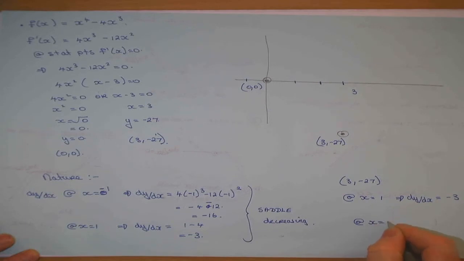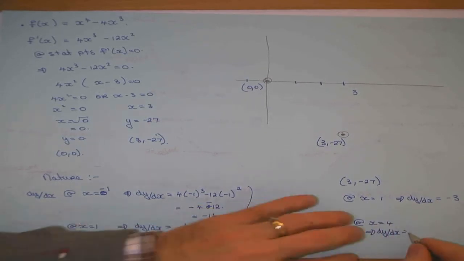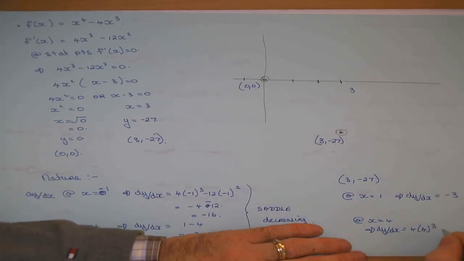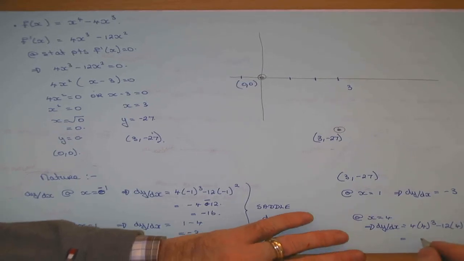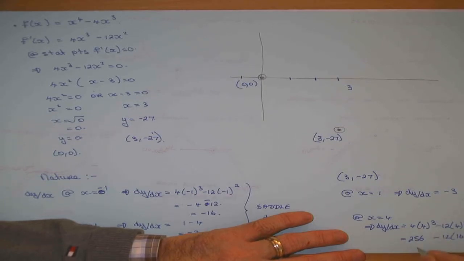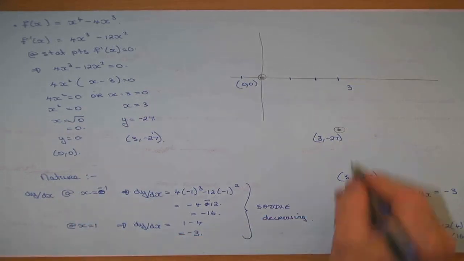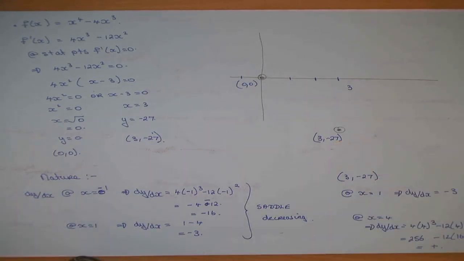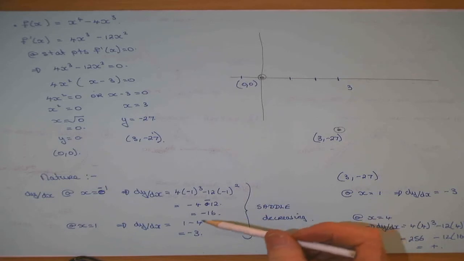At x equal to 4, that means that dy/dx is equal to 4 times 4 cubed, minus 12 times 4 squared. 4 times 64 is 256, minus 12 times 16, which is positive. So what type of point have I got here? It goes from negative to positive. I have a minimum turning point.